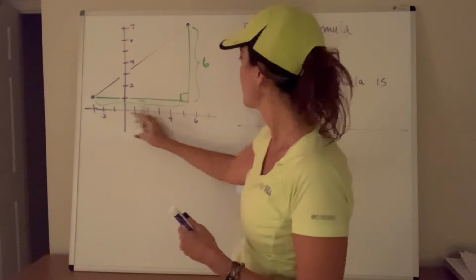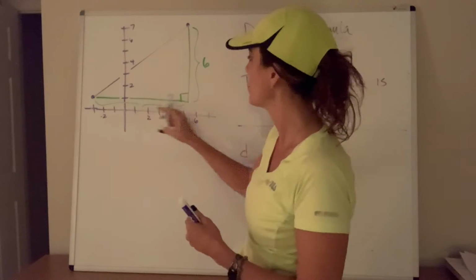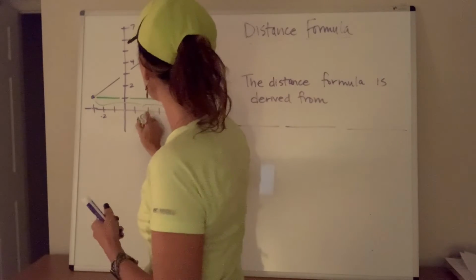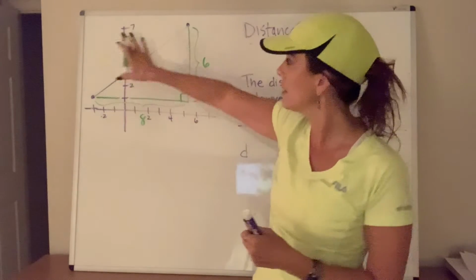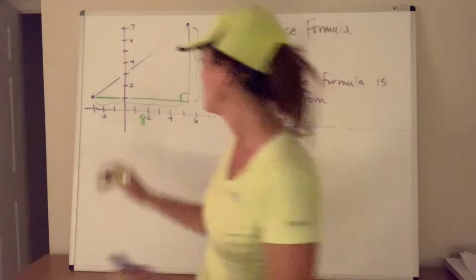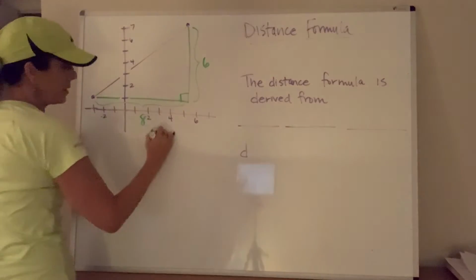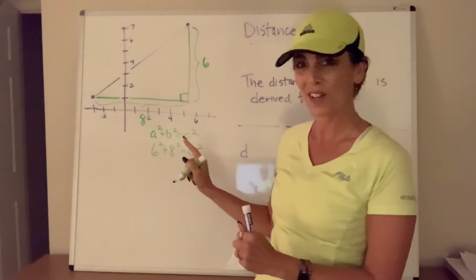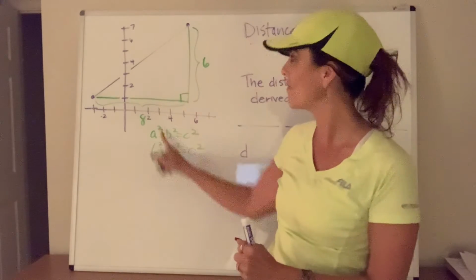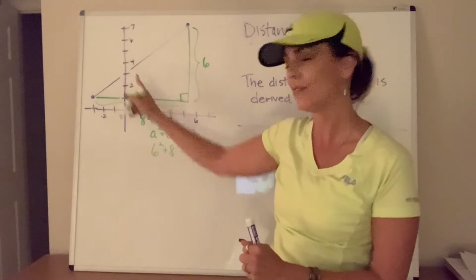This is from -3 all the way over to 5. So 3 plus 5, that's 8 units. And then could you say then that the hypotenuse could be found by doing a squared plus b squared?